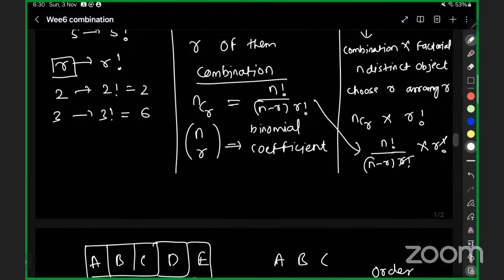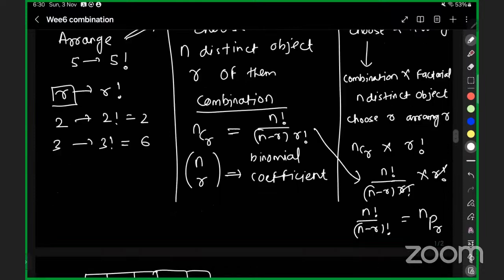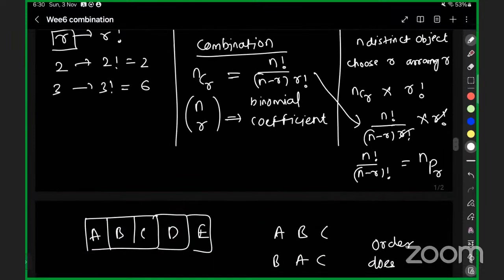So this factorial will get cut off, and you will have this, right? And this is nPr. So this is permutation. When we do permutation, it is choosing and arranging. You can think of it this way: combination is internally a part of permutation.